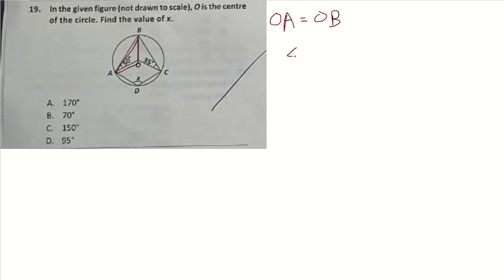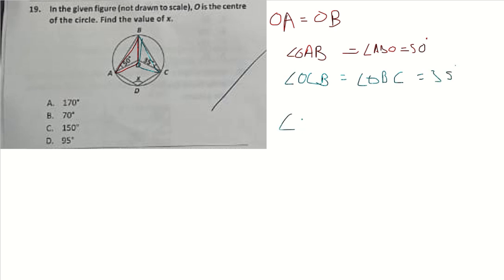So angle OAB is equal to angle ABO is equal to 50 degrees. Now taking this BCO triangle, we have angle OCB is equal to angle OBC is equal to 35 degrees.